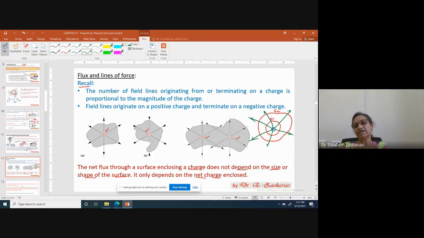Okay, now you see how many lines are emerging out of surface 1 and 2? 6. Therefore, the flux is the same for both surface 1 and surface 2. Now I'll draw one more surface.